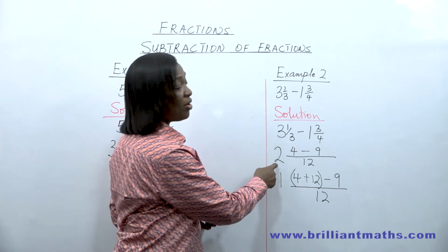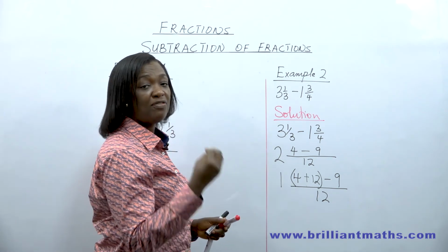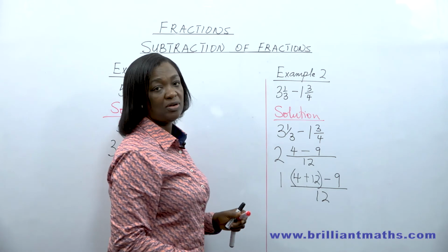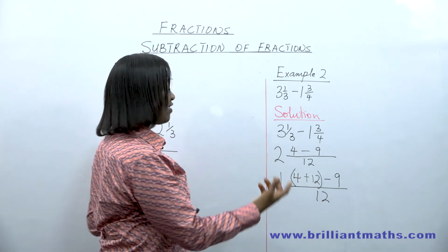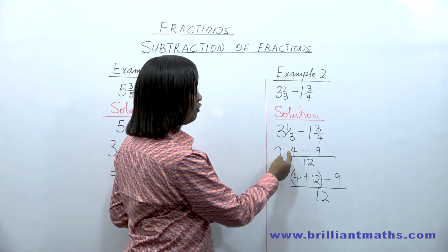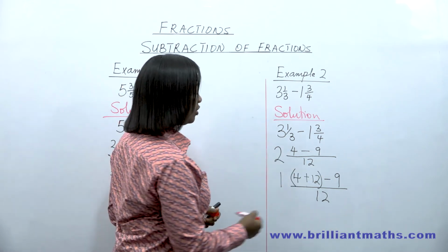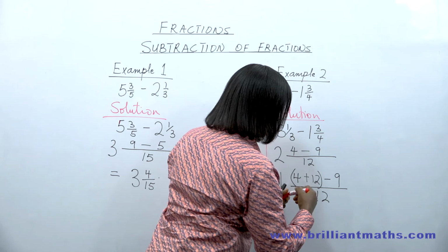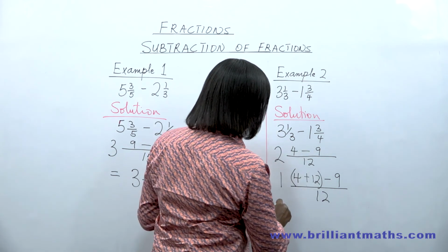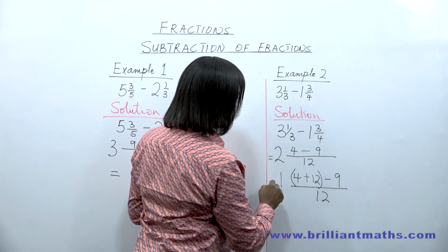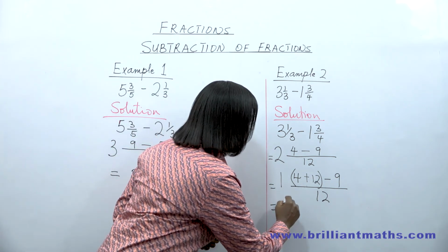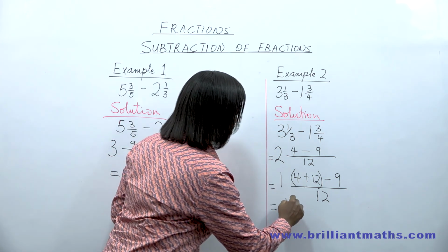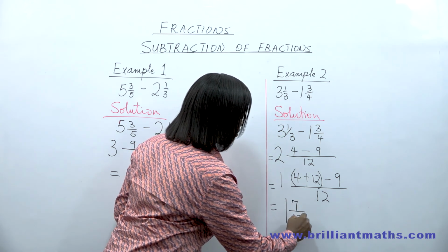So the one you borrow would usually have the value of the denominator over itself. 12 out of 12 is 1. So we have added the 1 we borrowed to the 4 so we can subtract. So this becomes 16 minus 9. And 16 minus 9 is 7. So our final answer is 1 whole number, 7 over 12.